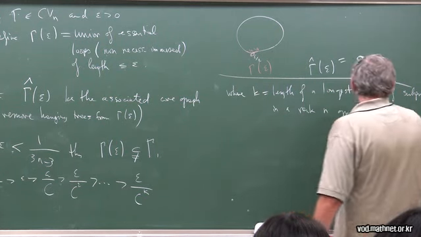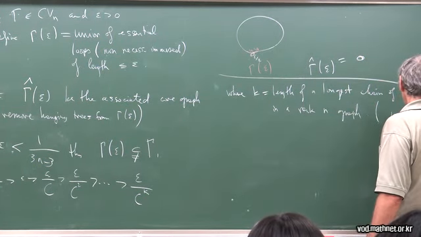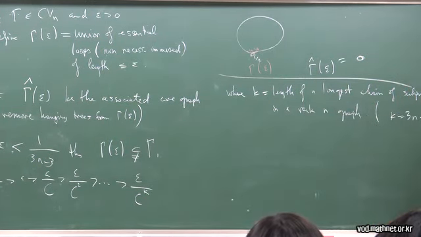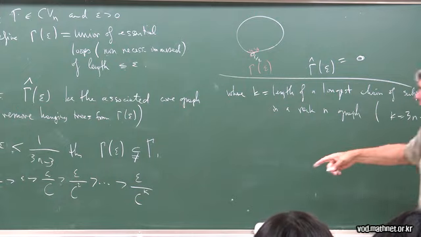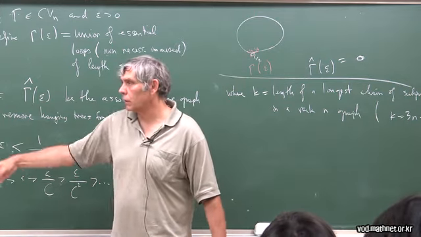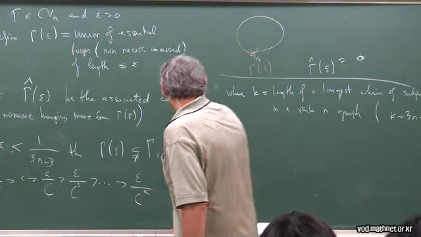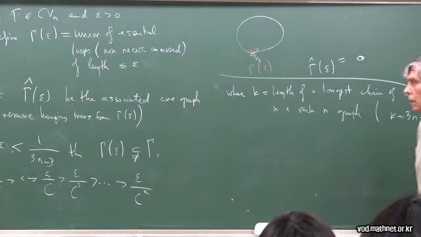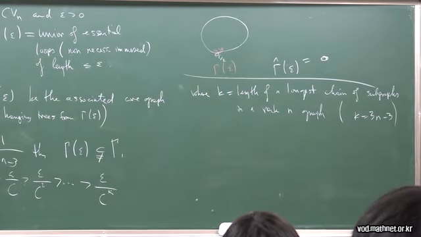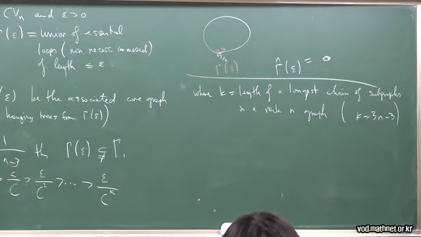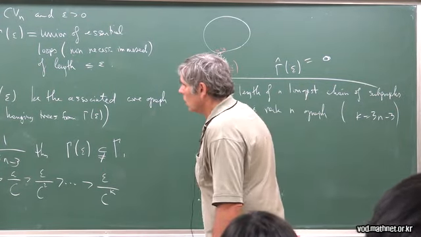So for example, k equals 3n minus 3 certainly works, because if you have a chain of subgraphs, every time you're removing an edge, and you have at most this many edges. So that's how many scales I want.